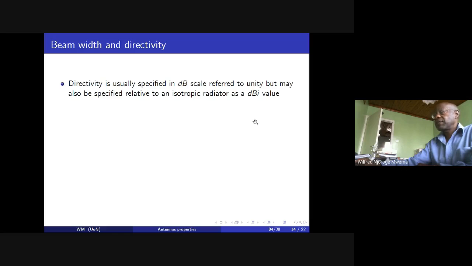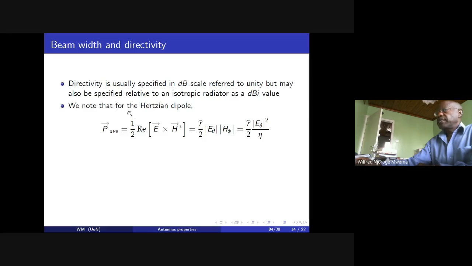So we know that for the Hertzian dipole, we had a time average Poynting's vector that was given by that equation there, where we found that it was just going to be given by the magnitude of E theta squared divided by eta, that is the intrinsic impedance of the medium.